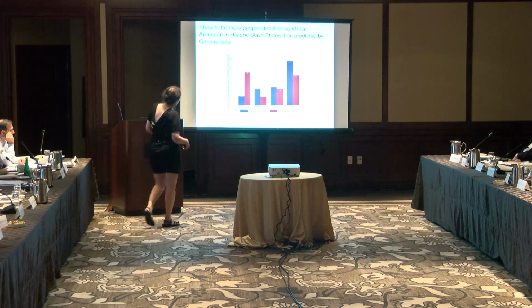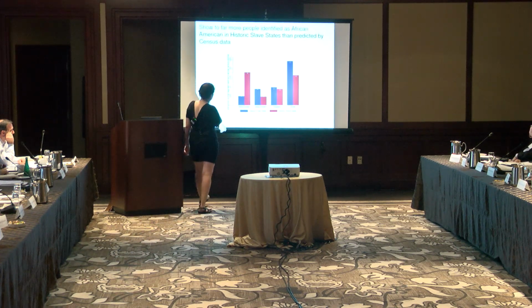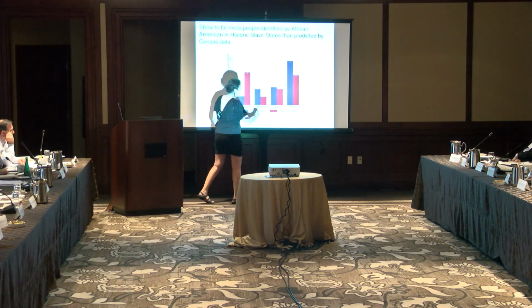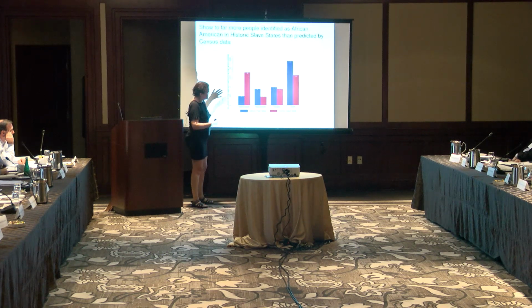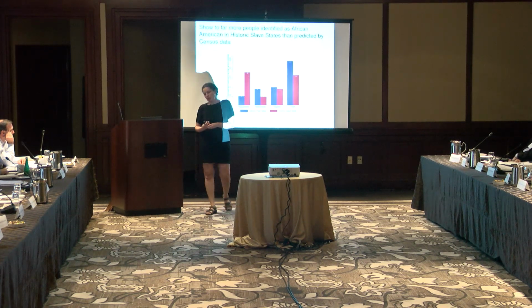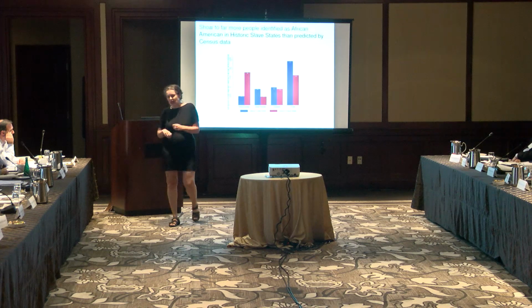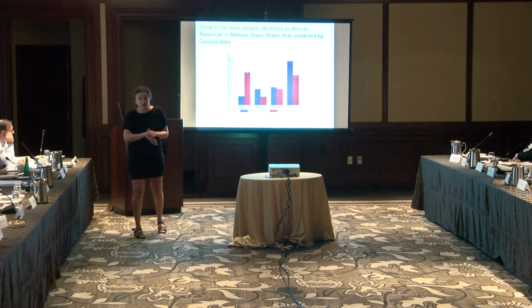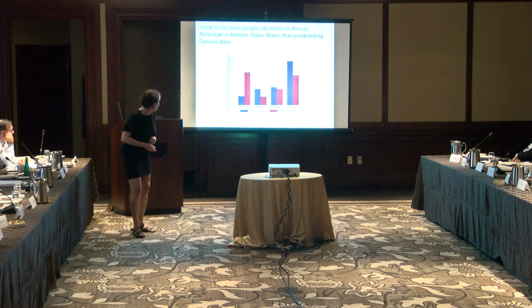All right. And then we're going to divide that up by different racial categories. And we're going to also then divide it up by whether or not the state had legalized slavery at the time of the beginning of the Civil War.